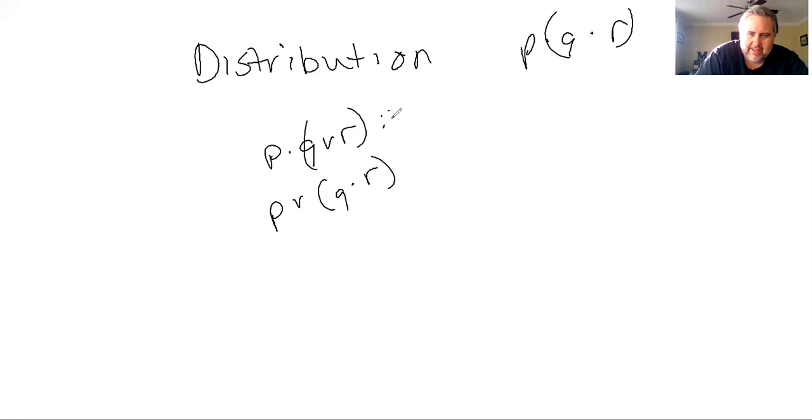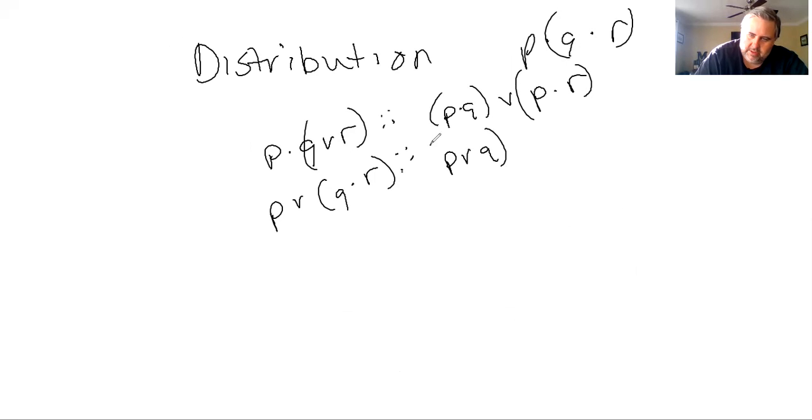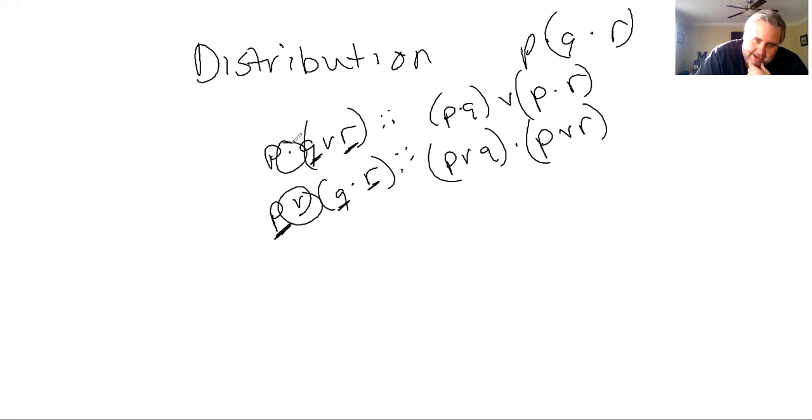In that case, we like to go to P dot Q wedge P dot R, or P wedge Q dot P wedge R. Whatever is outside can be paired with each part inside the parentheses, okay? But they have to be paired with the main operator, and the operator within becomes the main operator.